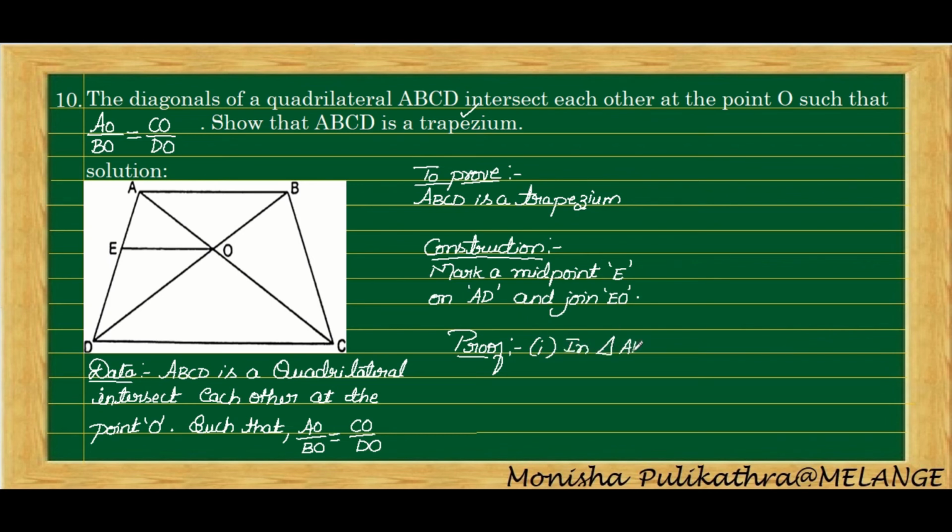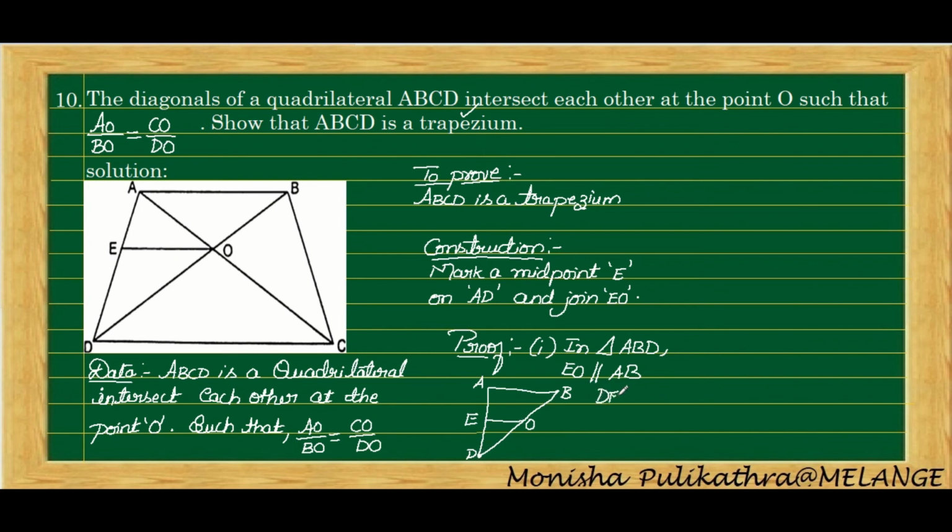So in triangle ABD, EO is parallel to AB. In triangle ABD, EO is parallel to AB. So let us write the diagram of it. A, B and D is a triangle where EO is parallel to AB. We have to take the ratio from the tip of the triangle.